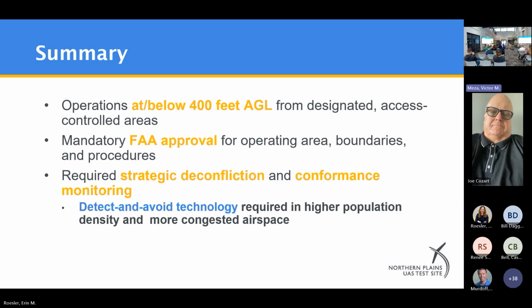What is apparent throughout the rule set, though, is that there is a drastic increase in FAA oversight and approval process. While the rule set is out there, you don't need a waiver or a COA, so you don't have to go through that process with the FAA. There is a lot of oversight on an operation, an operator, a manufacturer, and a service provider.